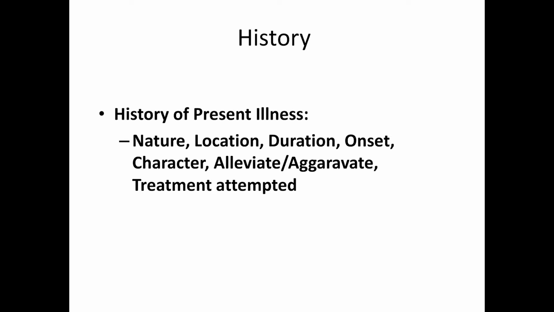So 4 points of history of present illness. Nature, location, duration, onset, character, right? Sore, achy pain, plantar medial heel, first step out of bed in the morning, present for 3 months. You got 4. So you count up. When somebody comes to audit your E&Ms, this is what they do. They count this stuff. So that's HPI, that's easy.